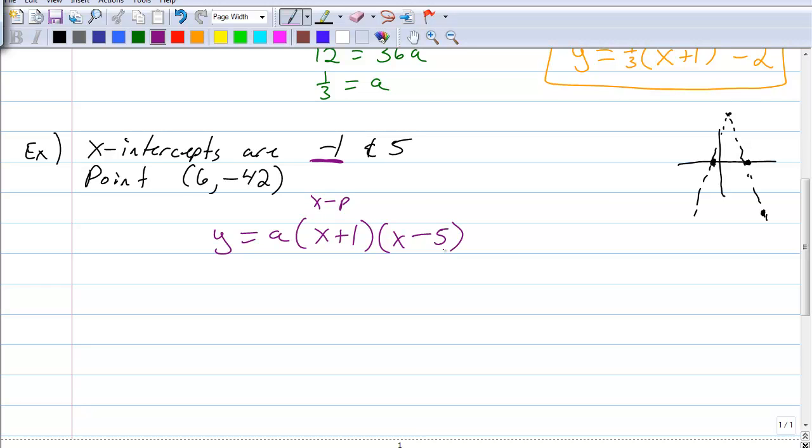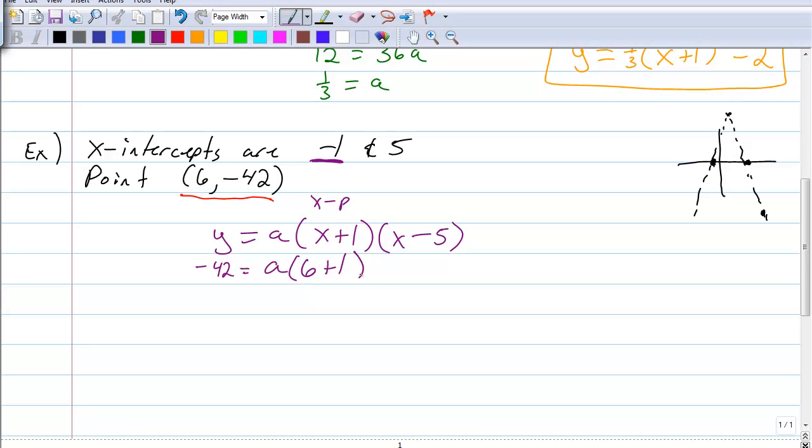All right, so again, we're trying to find a. That's where the second point comes into play. Plug in x and y into our form here. We don't know what a is. We know what x is. X is 6.